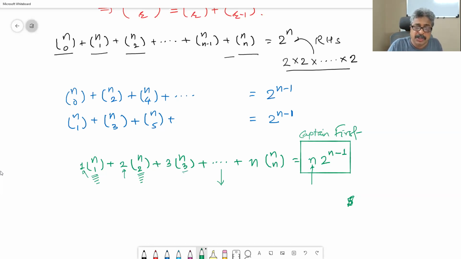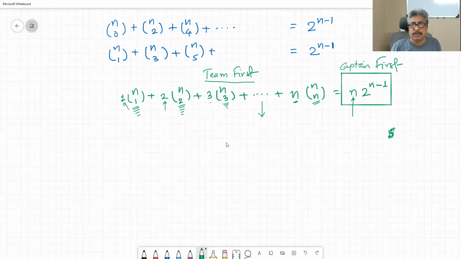If you choose a team of 3 members, 3 choose 1 ways. If you choose a team of n members, n choose 1 ways of choosing the captain. So team first, captain first. These are the 2 different approaches. There are n players and you can make a team of r people and select the captain out of that. I hope you have understood.